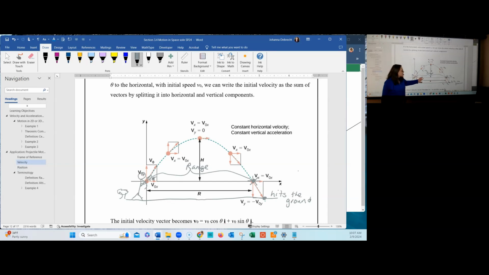So the range is the maximum horizontal distance it travels from when it is initially shot until it comes back to the same height at which it was shot. Now, to hit the ground is going to be a further distance. It'll be the range plus this little bit of distance that you see here on the ground. So that's slightly different, and we are going to need that. Now, altitude is the distance of the projectile from the plane at which it was shot.